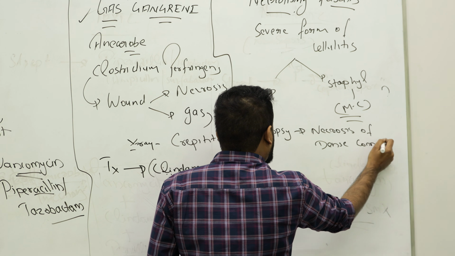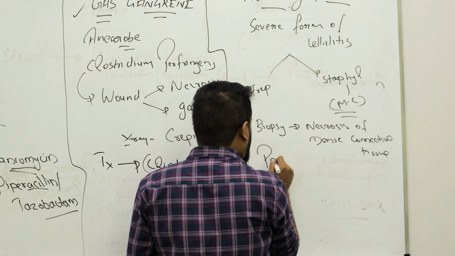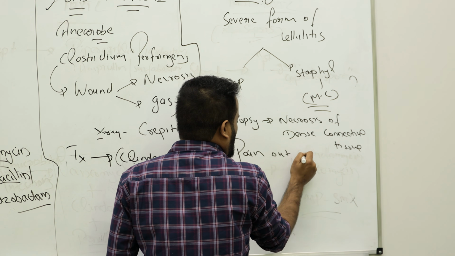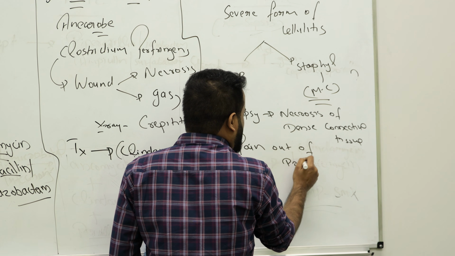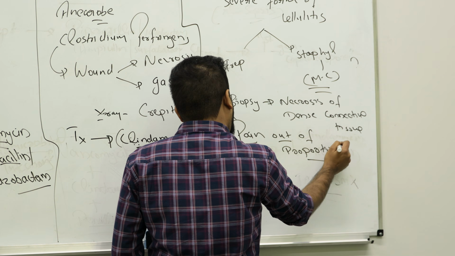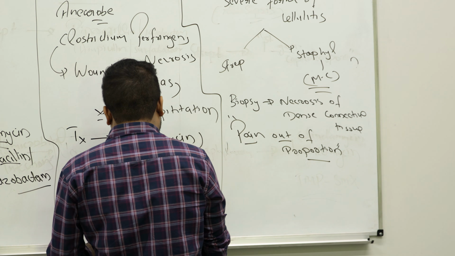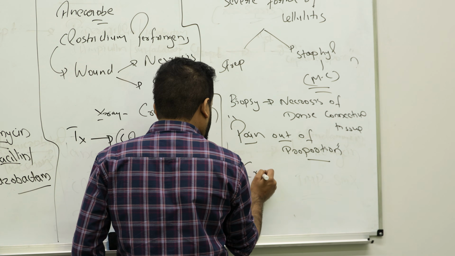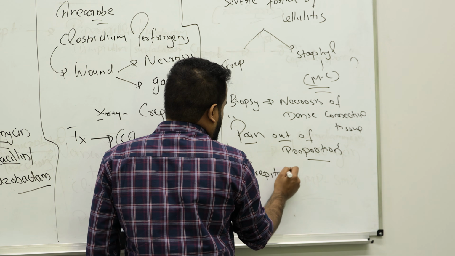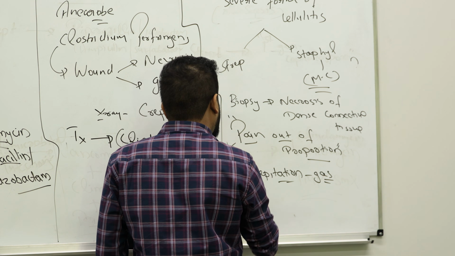And this is also diagnosed by clinical scenario. See, pain will be out of proportion. Like you can't imagine, the patient will be crying with pain, right? Here also you can have what? Crepitation, that is gas in the X-ray.